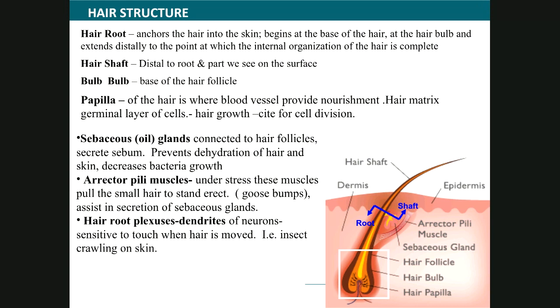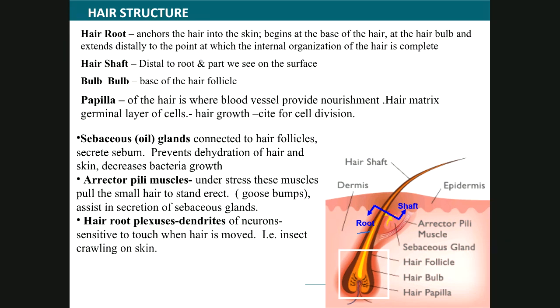So we can see the hair shaft, and then as it enters into the epidermis, into the dermis, this is called the root. So the root anchors the hair into the skin. The base would include the hair bulb and the papilla.